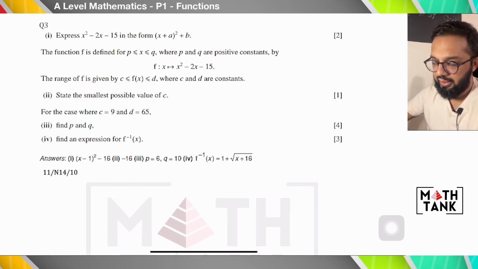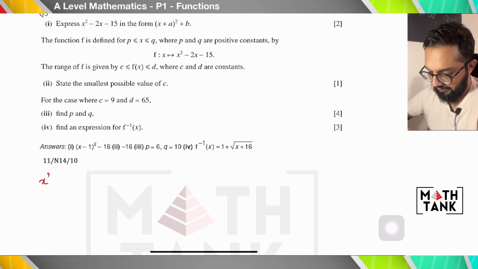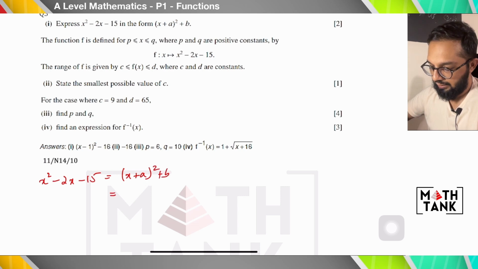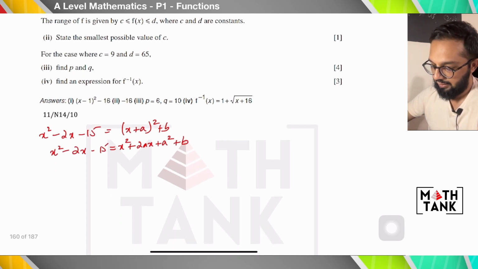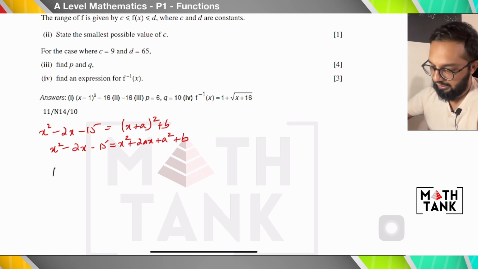Okay, question 3 says x squared minus 2x minus 15. So I always do the comparison. I have x squared plus 2ax plus a squared plus b, and x squared minus 2x minus 15. So 1 equals 1 when I'm comparing x squared to x squared.